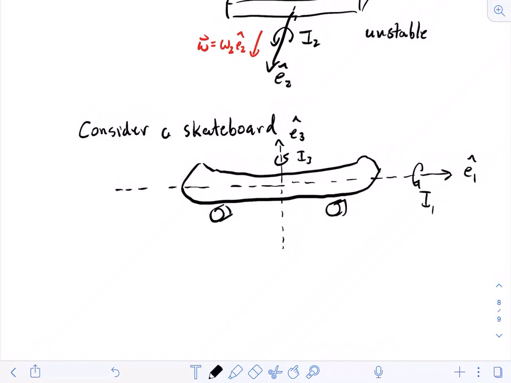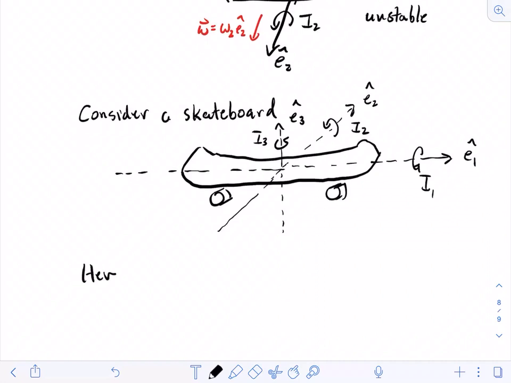And then there is an axis with the intermediate rotational inertia. And so we'll call that the second axis, and rotations about that second axis have rotational inertia I2.